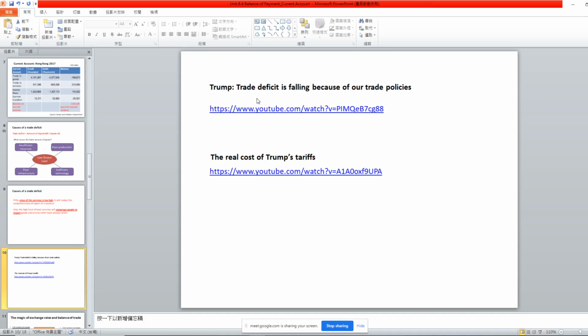We want to have a stable balance in our balance of payment. Here, you can say we want to have a stable current account balance. And that's why Trump had this idea of using tariffs, trying to lower the level of imports.